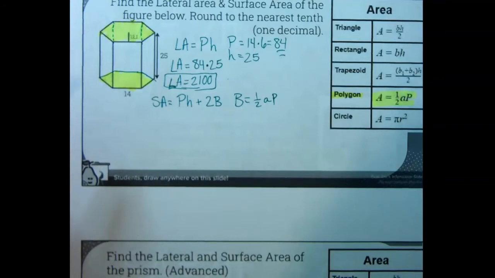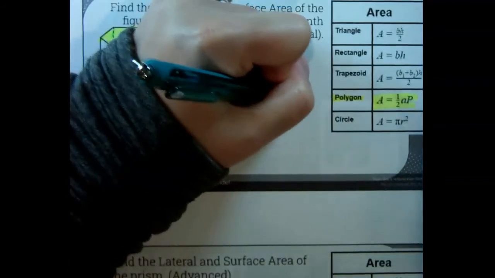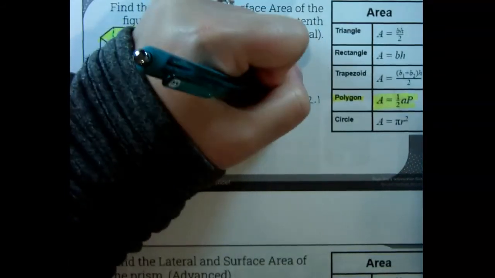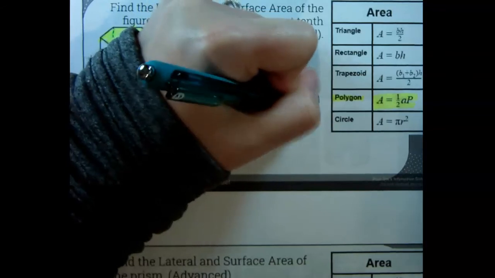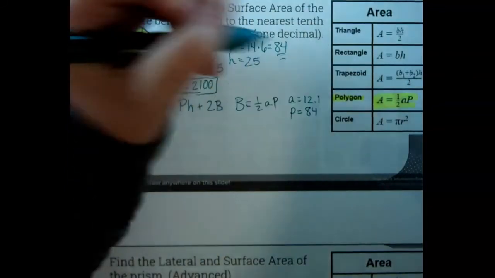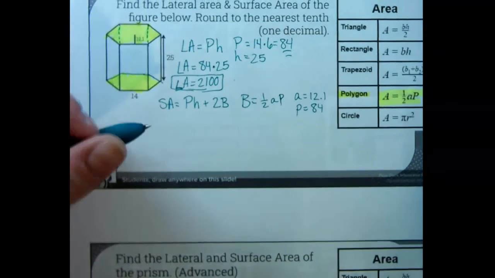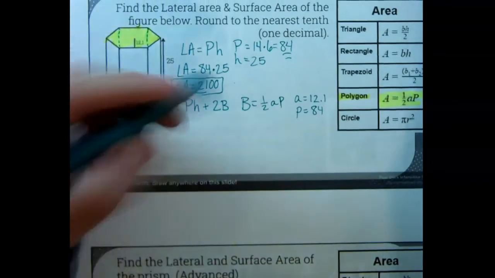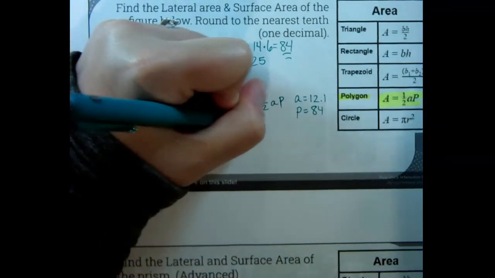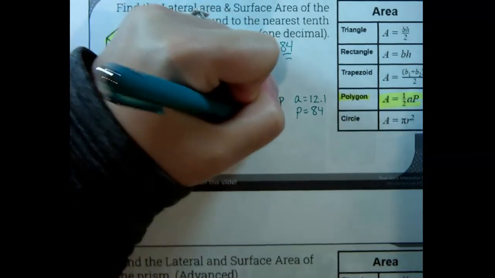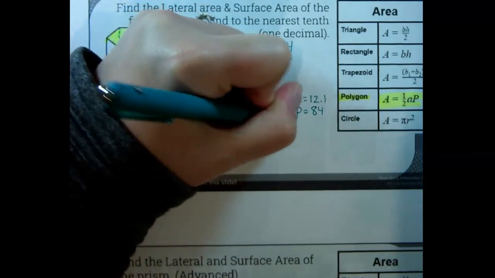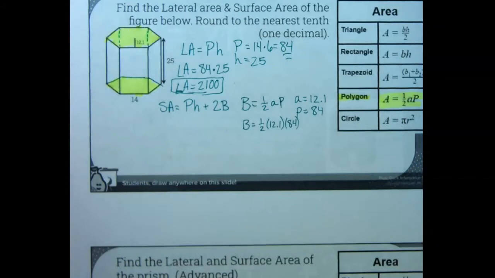And then we have the apothem, so we can just plug those things in, which I will write next to our problem so we are clear. 12.1 times 84.